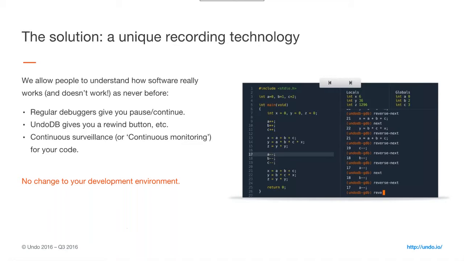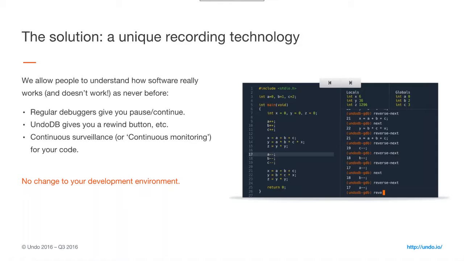So where we come in is allowing you to understand how your software actually came to a particular behavior. So the situation is where you have some behavior that's not as intended. Think of it as the case where the problem can't have happened, but it manifestly has. And so debugging is a process of reverse reasoning to try and work out how that unexpected behavior came to occur. A regular debugger will allow you to pause in your execution and continue and maybe step through or step over functions.